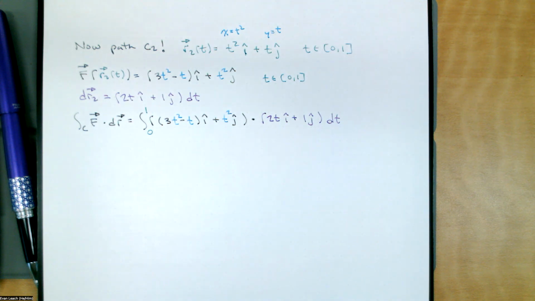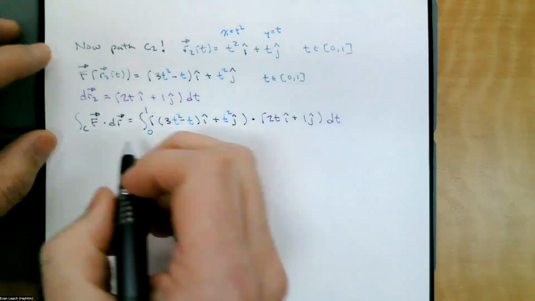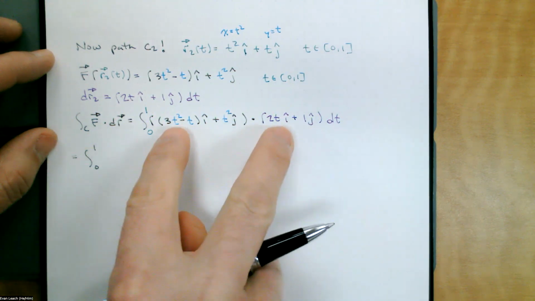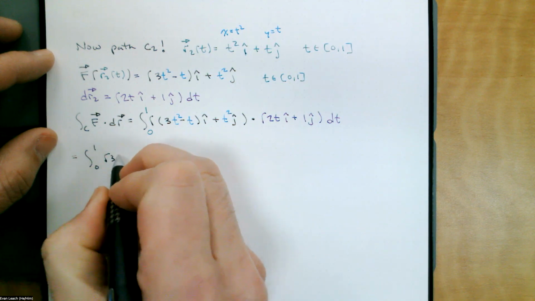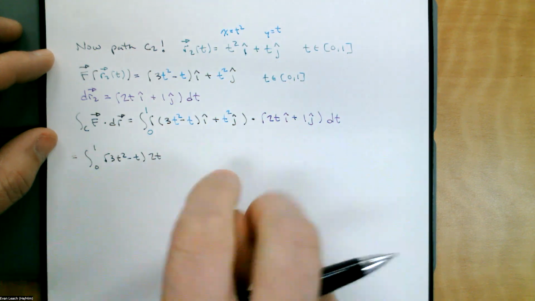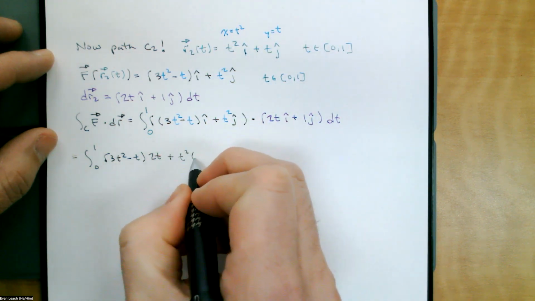Everything is still in terms of vectors, but there's a dot product. Calculating that dot product will get us to a function of t. So we'll have 3t squared minus t times 2t plus t squared times 1.